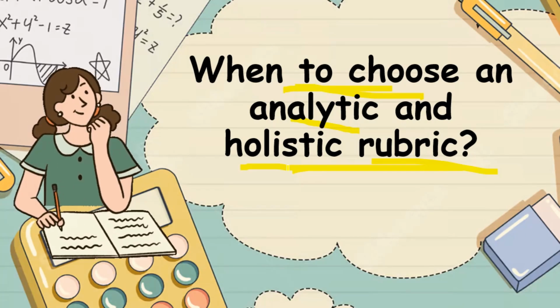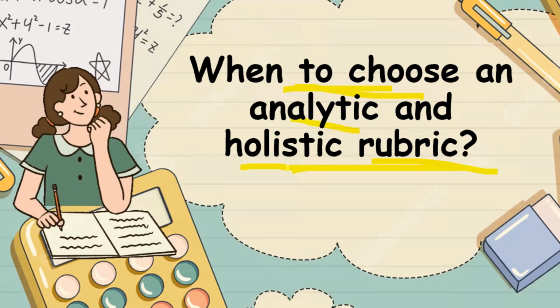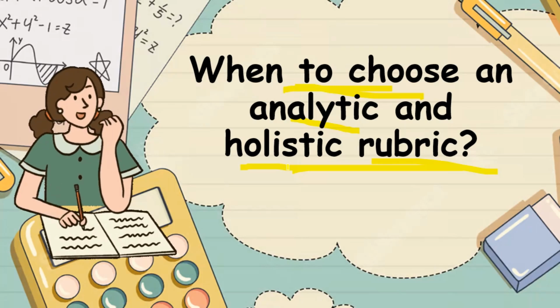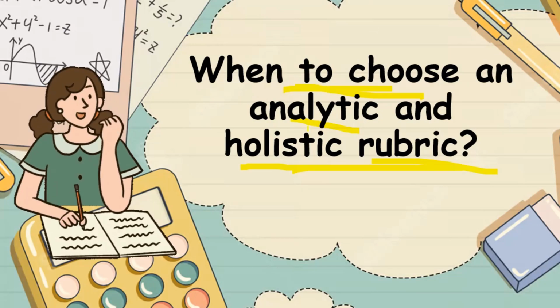For example, many writing rubrics are holistic because it is not always easy to disentangle the clarity from organization or content from presentation. Some educators believe a holistic or global assessment of a student performance better captures a student ability on a certain task. So this is when you choose the analytic and the holistic rubric.